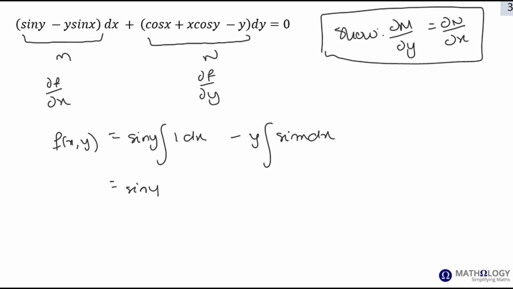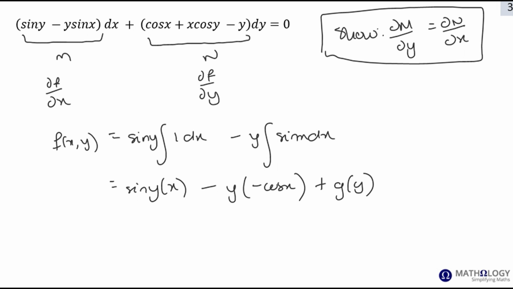So we have sine y, the integral of 1 with respect to x will just be x, minus y times the integral of sine x is minus cos x. The derivative of negative cos x is sine x. So the integral of sine x is negative cos x. Instead of the constant of integration being called c, we're going to call it g of y because we integrated with respect to x.